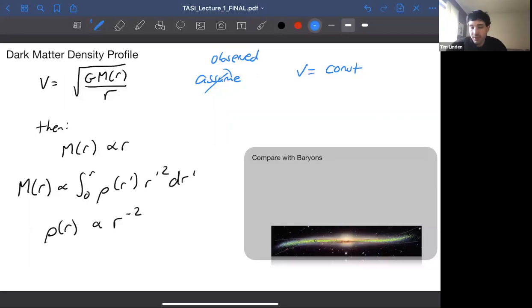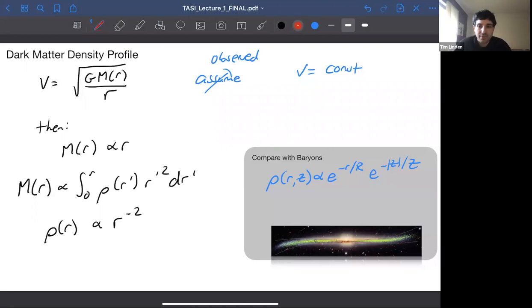And you can compare that with the baryons, which we just calculated, which said that they look something like proportional to e to the minus R over R, e to the minus Z over Z. And these are very different distributions, and they go out to very different radii. We saw that the dark matter component continued to be very important at 35 or 40 kiloparsecs in M31.